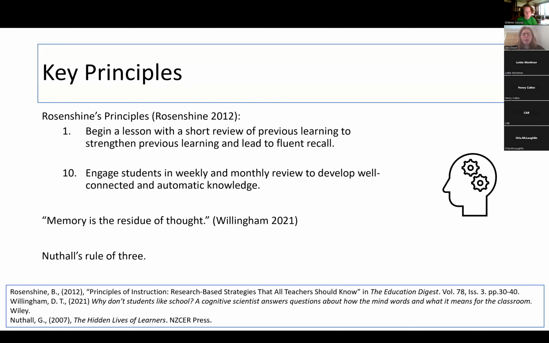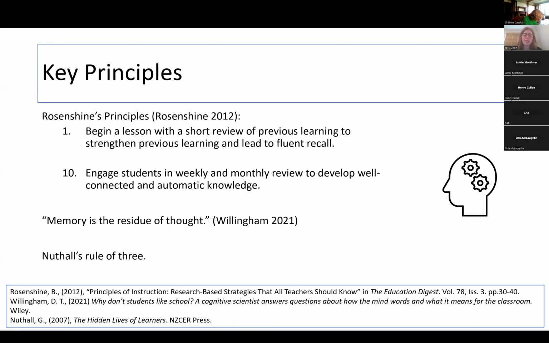So the three key principles that I base my revision and review on are Rosenshine's principles, Willingham and Nuttall. Most people will be aware of Rosenshine, I assume, and Lottie also referred to it. He did a review of what makes teachers effective, and his first and last principles both referred to the importance of reviewing material.